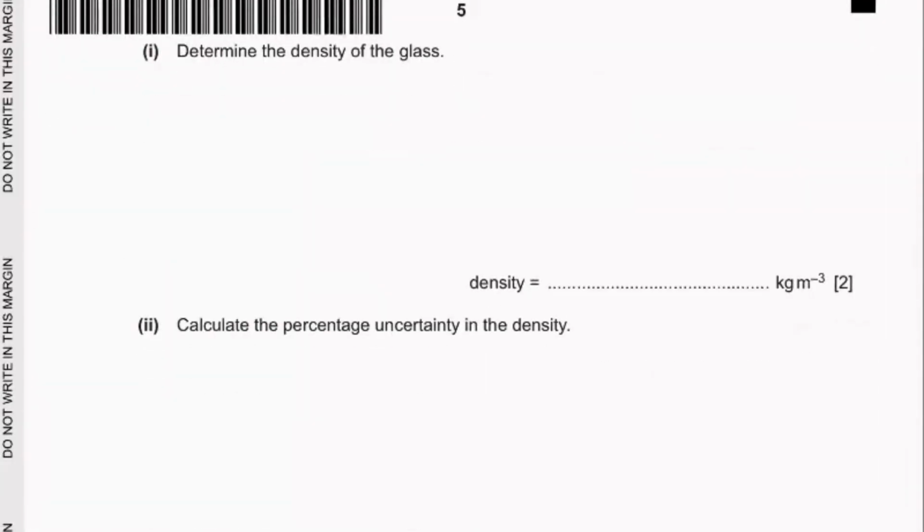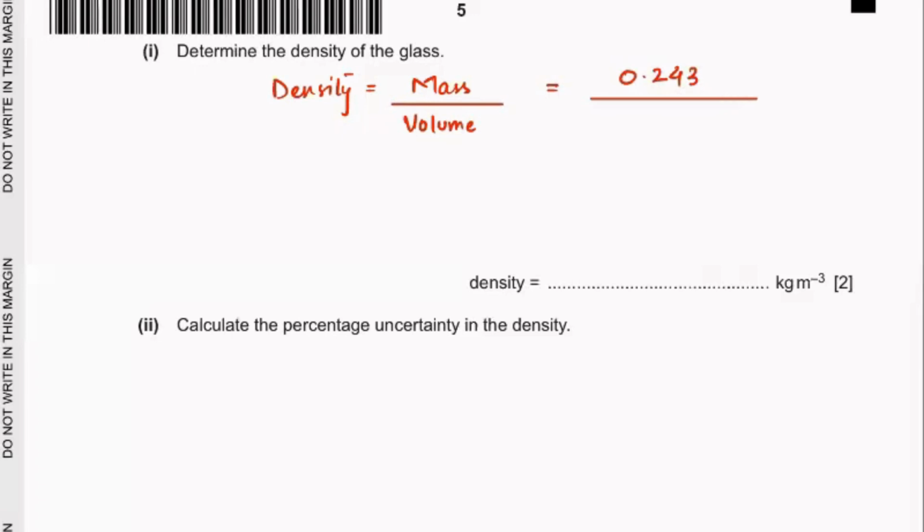Determine the density of the glass. The density is equal to mass upon volume. Mass is 0.243, and for volume, we are given three sides. Since volume is equal to length into breadth into height, mass is 0.243, and there are three sides, but we cannot simply write the sides straight away.